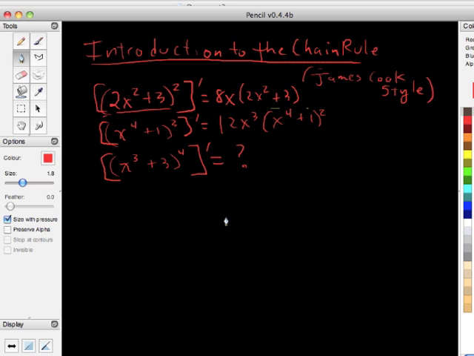You can use your graphing calculator. You can do this the long way and FOIL, derive, factor. But I think based on these two examples, you might be able to make a good prediction of what this derivative would be. And that is your introduction to the chain rule, James Cook style.